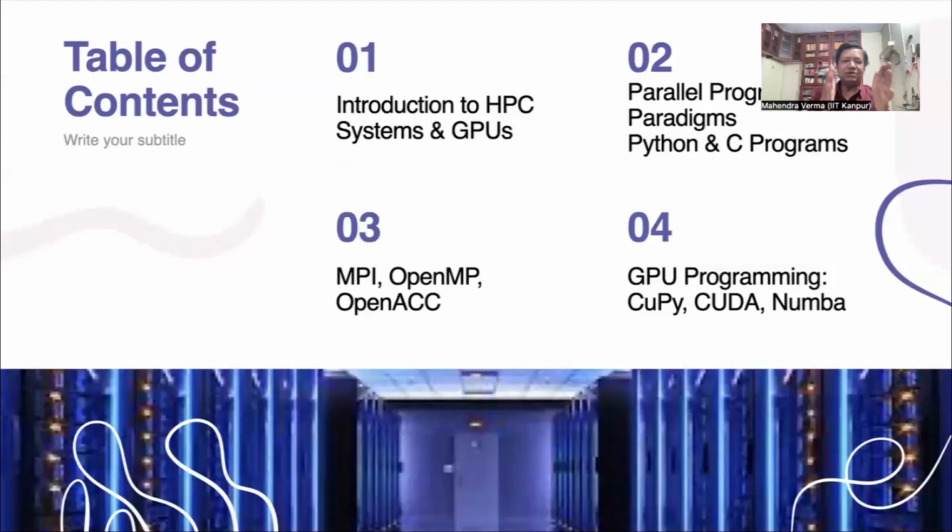These tools, MPI, OpenMP, OpenACC, are typically for CPUs. That was the case 5 years back. Most programs were running on CPUs. But of late, GPUs have taken over. The top 10 high performance computing platforms in the world employ GPUs, all top 10 of them.